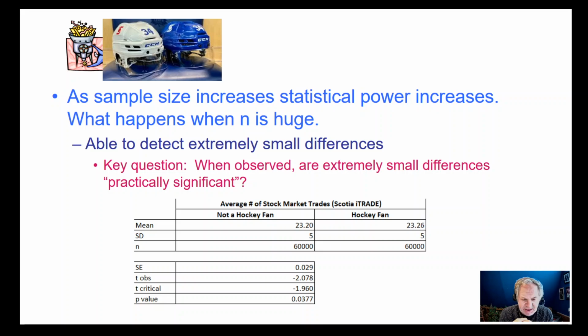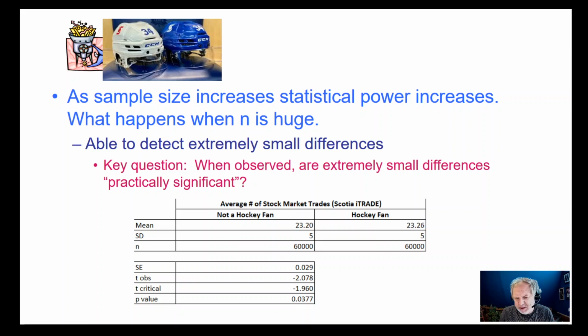I run my independent means t-test, and I get a t-observed of negative 2.078, and t-critical is negative 1.96. I reject the null hypothesis. Hockey fans perform more stock trades on a monthly basis than non-hockey fans. Scotiabank, you're doing a good job by sponsoring hockey and advertising through hockey.